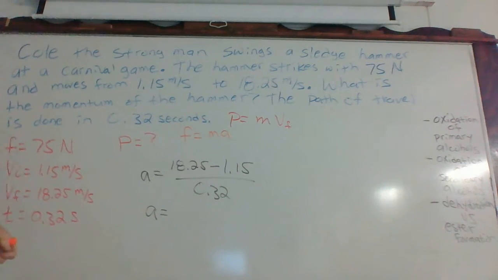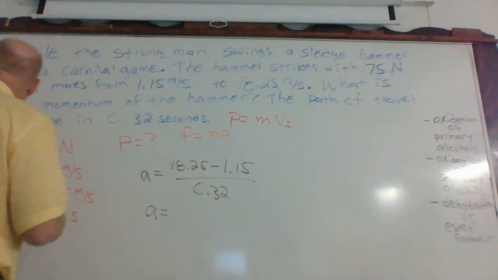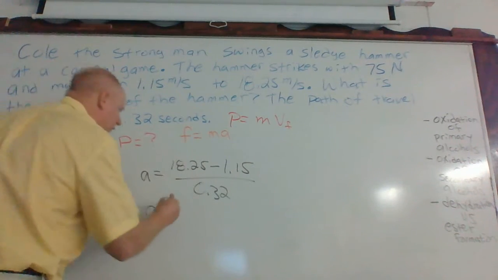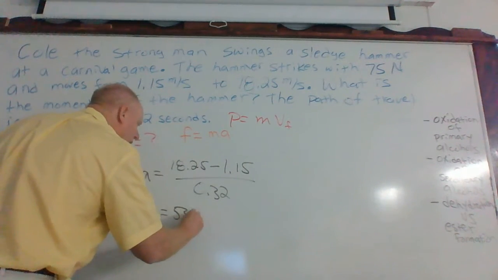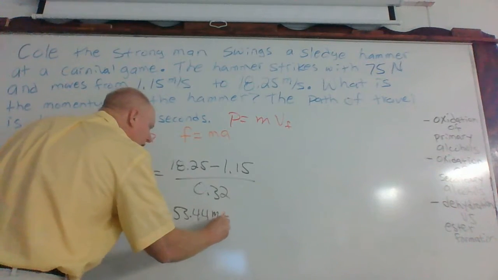So with our calculator, we take 18.25 minus 1.15, and then divide that by 0.32. That gives us 53.44 meters per second squared.